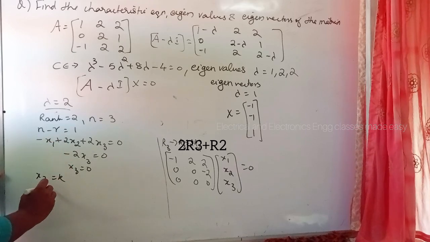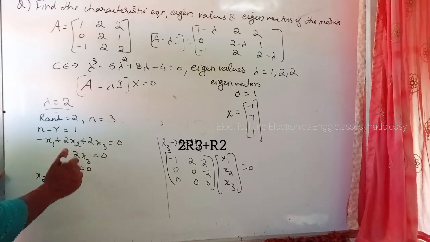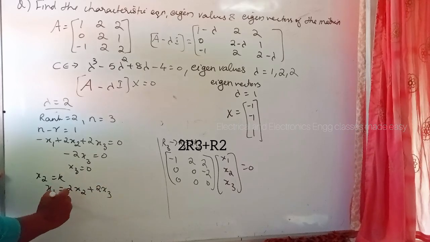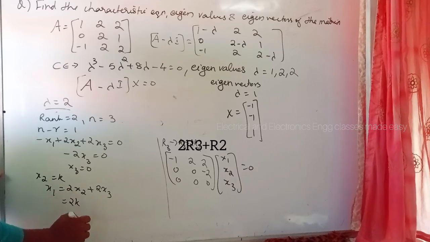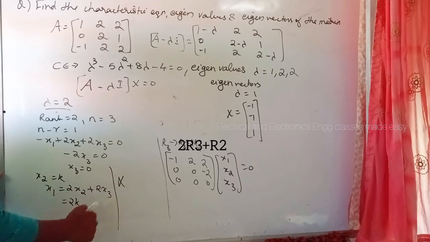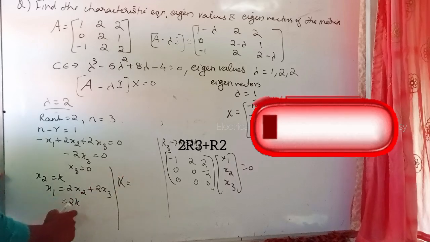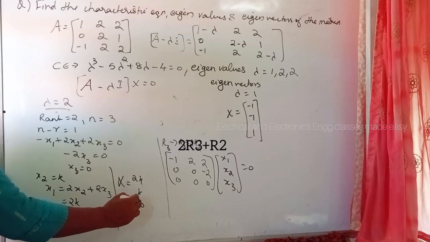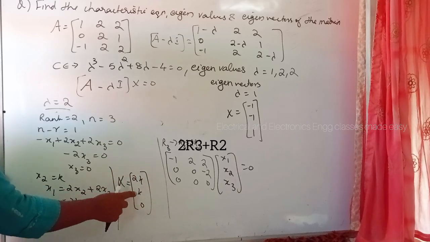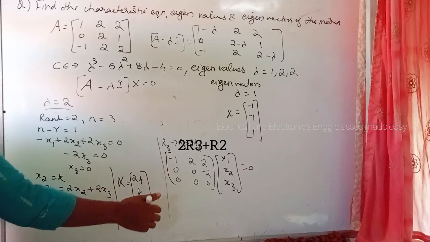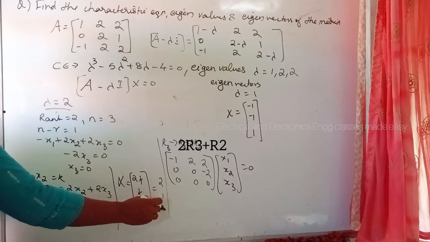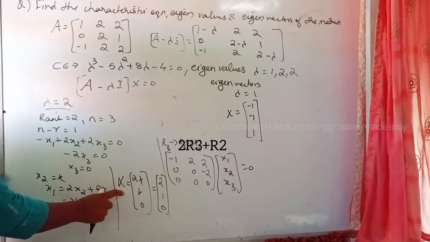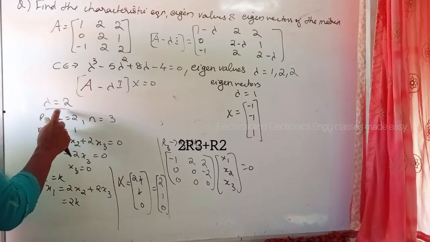Then from the first equation we can write x1 is equal to 2x2 plus 2x3. So x1 is equal to 2k. So what is the eigenvector? So eigenvector x is equal to x1 is 2k, x2 is k and x3 is 0. If we put k equal to 1, then we can write 2, 1, 0. So the eigenvector x is equal to 2, 1, 0 for lambda equal to 2.